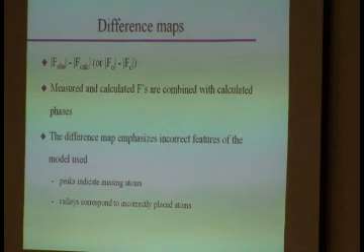That means there will be peaks where there are atoms missing. If you put an atom somewhere that shouldn't be there, you'll get a deep hole, okay? Because basically your F-obs does not support that atom that is calculated. So you'll get something negative there. You don't want negative features in your difference maps, okay? That means something is wrong.